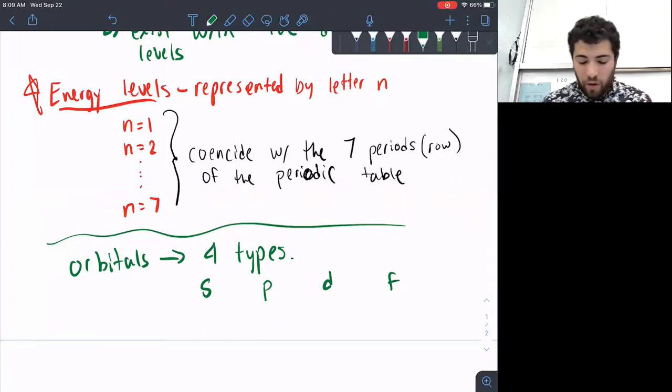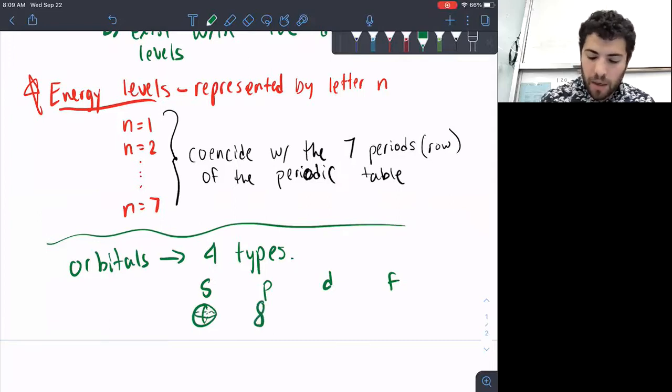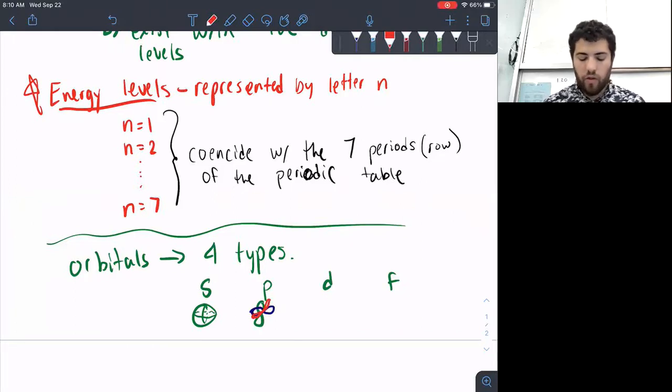Each one has a different shape. S is spherical. P has kind of a figure 8 shape, but there's 3 of them per energy level instead of 1 like the S. So they make this weird shape where you have one on the x-axis, the y-axis, and the z-axis, if you're looking in 3 dimensions.